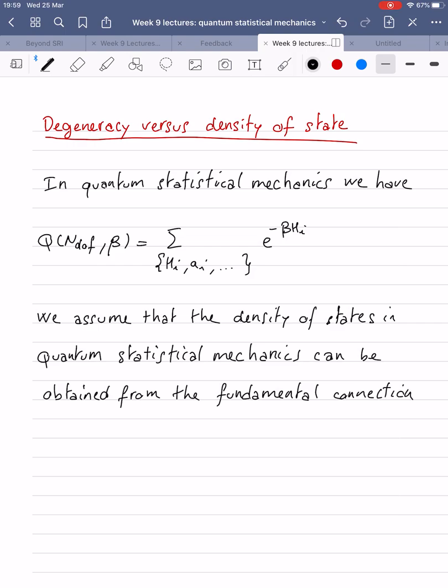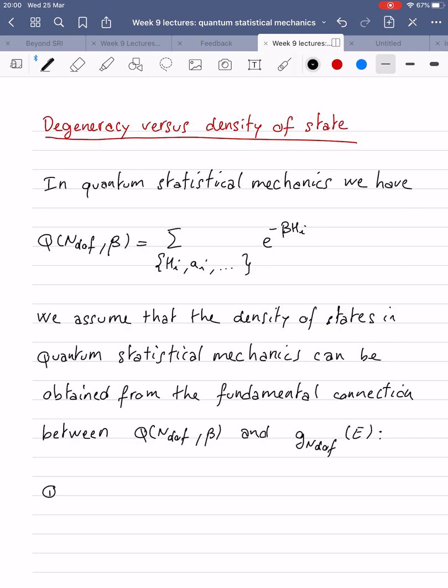Okay, so there is a fundamental mathematical connection between Q_QM of beta and G_QM of E, and this connection is the Laplace transform.